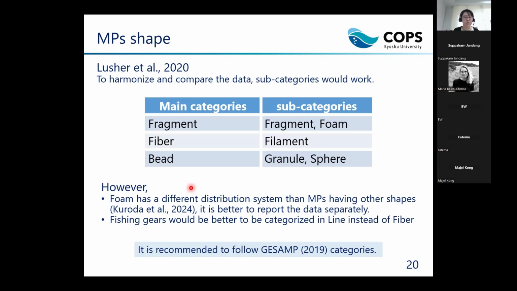So we need different data to predict the motion of plastics. Also, fishing gear would be better categorized as line instead of fiber, because fiber is from synthetic clothes. So I recommend following the GESAMP 2019 categories.